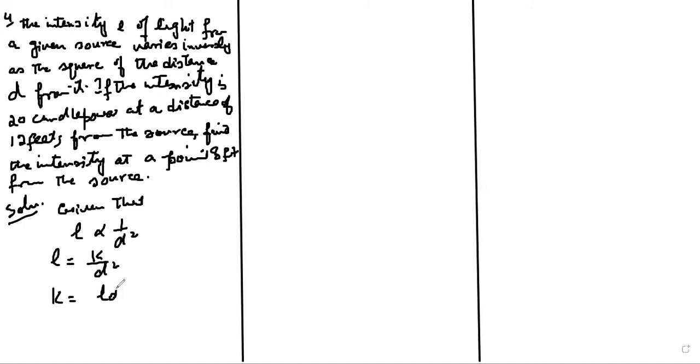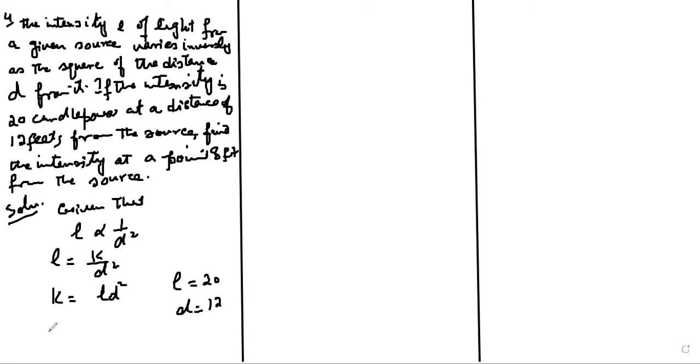Okay. So its solution is given that L is inversely proportional to the distance square, or L equals to K over D square, or K equals to L D square. And we have given the information that L equals to 20 and D equals to 12.